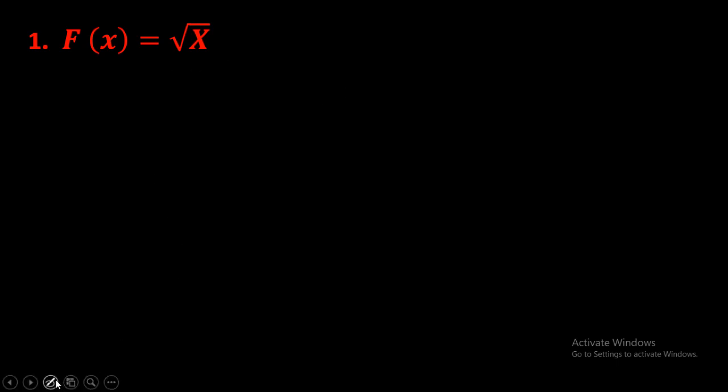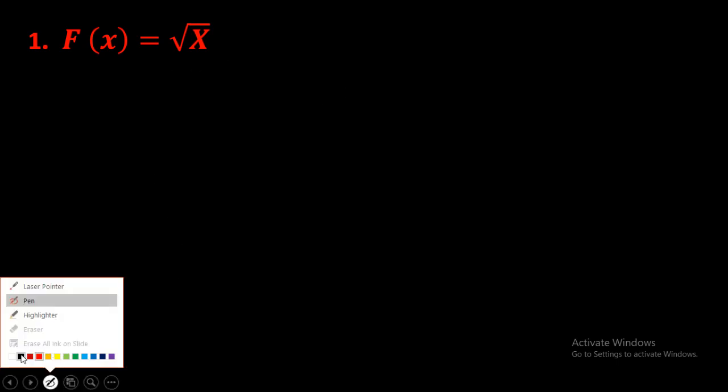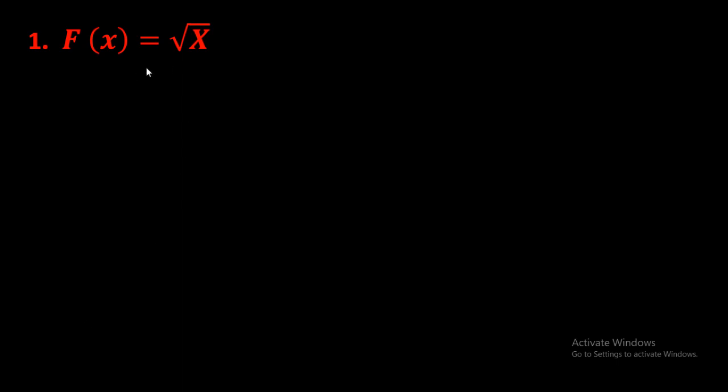When you look at the first one, it's very simple to find the range. For you to find the range, you need to have an idea of how to find the domain. The domain of this function is x such that x is greater than or equal to 0, where x is a member of real numbers.